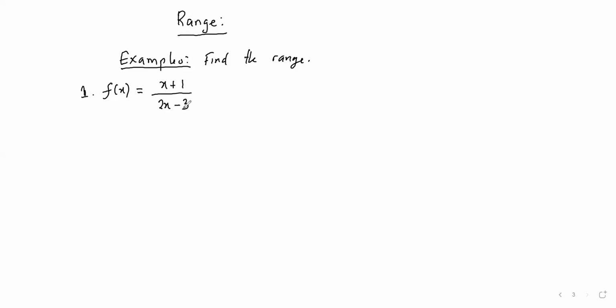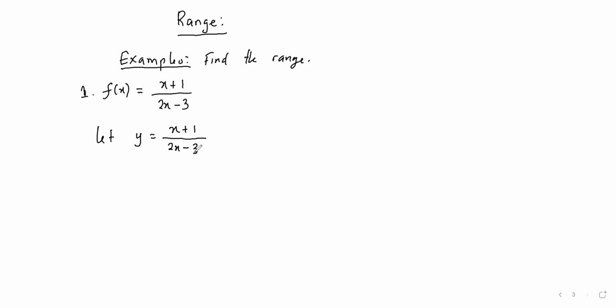So if it was the domain, we would equate the denominator to 0, but now it's not the domain, it's the range. So for the range of this type, we find the inverse. So we let y be equal to x plus 1 over 2x minus 3.